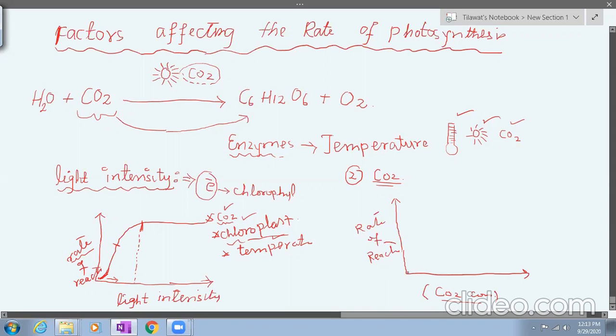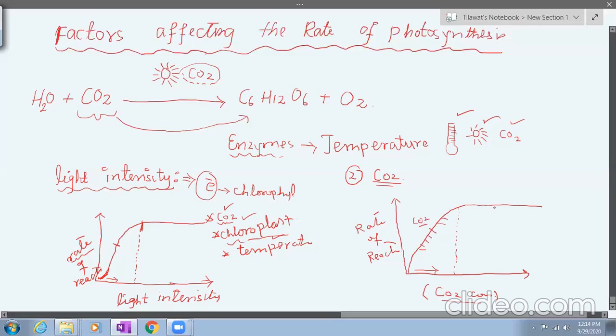Now for carbon dioxide, you will also see a graph just like for light. You can see here, as carbon dioxide concentration increases, the rate of photosynthesis is increasing, right? But a time will come when this becomes a plateau. So it means initially in this range, carbon dioxide was the rate limiting factor.